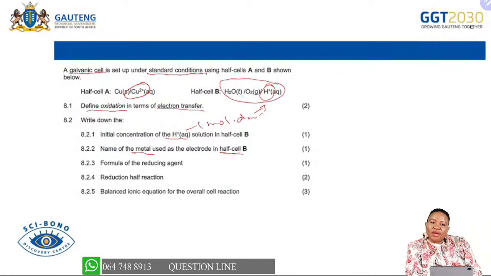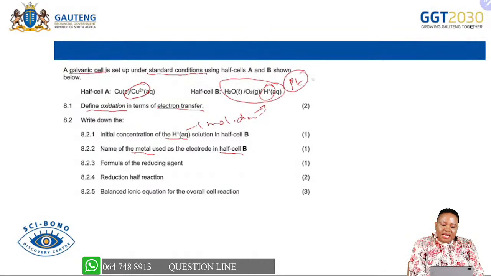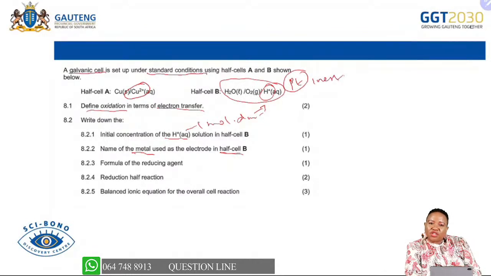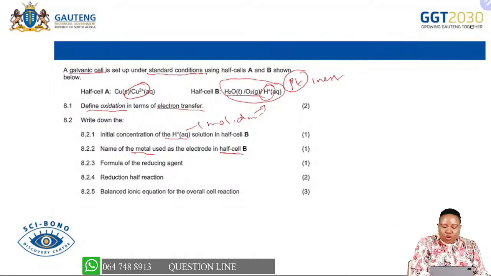So where there is no metal, we agreed that we are going to provide platinum as the inert electrode to assist in the transfer of electrons. So half cell B, because it doesn't have an electrode, we are going to introduce platinum as an electrode. It might be a cathode or an anode. It depends on which type of reaction half cell B undergoes.